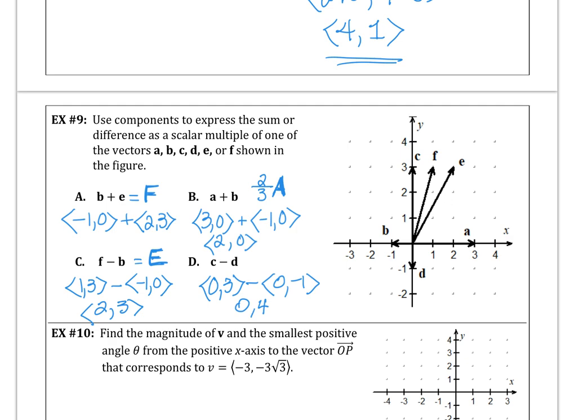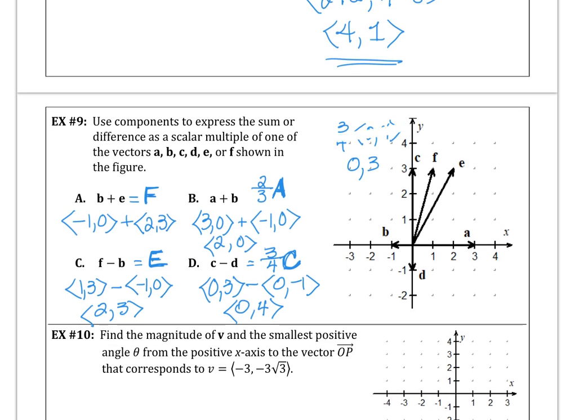We need to get to (0, 3), so what would do that? 3/4. 3/4 of (0, 4) would put us at (0, 3). Yes, that's correct. So F, then 2/3 of A, E, and 3/4 of C are the results for these vector addition problems with the vectors they gave us in our example.